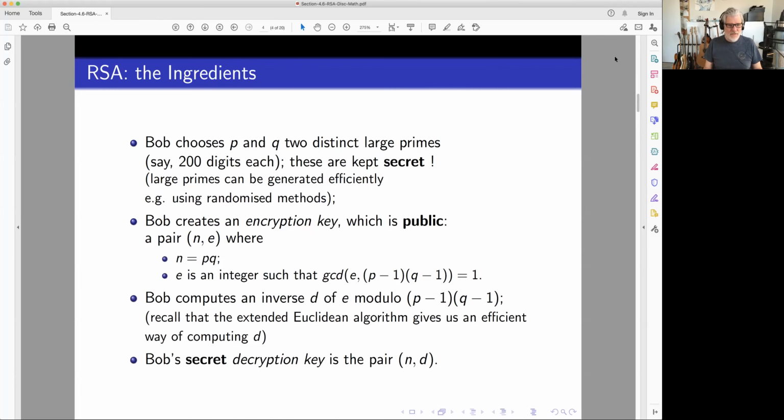Here are the actual ingredients. There's a couple of things I should say. The way I'm going to present this makes it sound as if we use RSA to actually encrypt all communications, but that is not true. It's not efficient enough. What RSA is actually used for is to exchange a symmetric key for a completely different protocol.